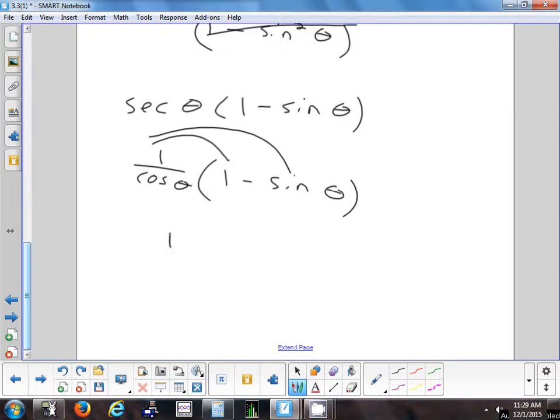That stays the same. So since it stayed the same, maybe it wasn't worth changing it, because before it wasn't a fraction. Now it is. We'll see. Okay, and now this part, you're going to multiply 1 over cosine times sine over 1. Okay, what's 1 times sine? Sine. And what's cosine times 1?